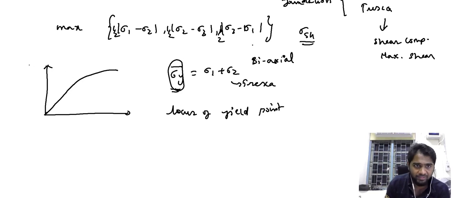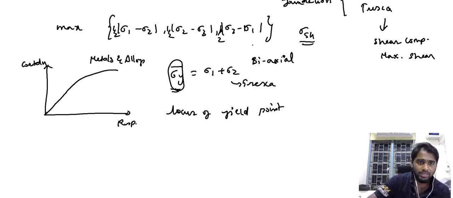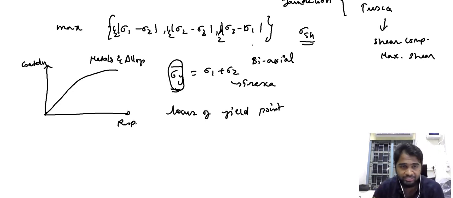In this axis we consider the mechanical condition, and in this axis we consider the response, and whenever we consider such a representation of mechanical behavior, we always qualify it by stating that this is the representation of a category of materials, that is metals and alloys. So this behavior is largely exhibited by metals and alloys.